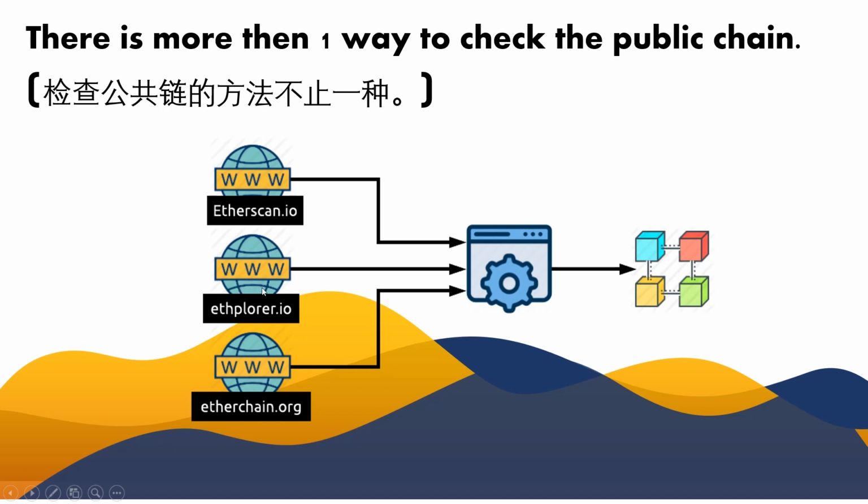Okay, so let's use Etherscan as an example. Etherscan will read from the public blockchain and display the actual data. Same with ETH Explorer and Etherchain.